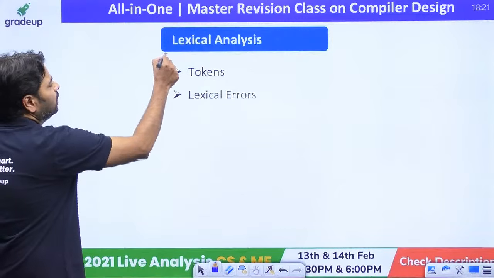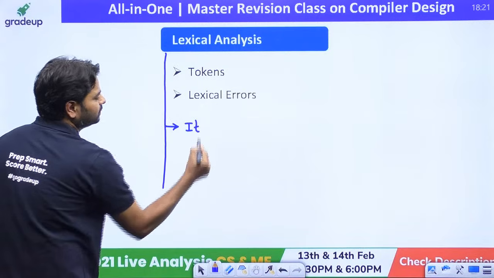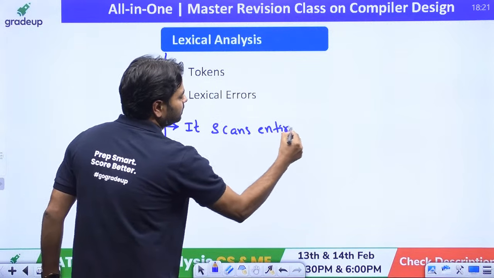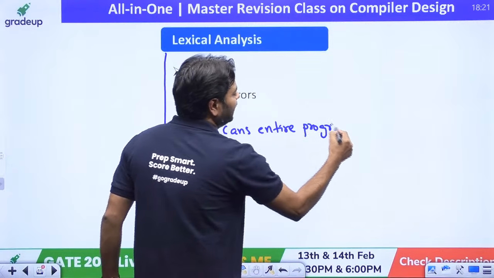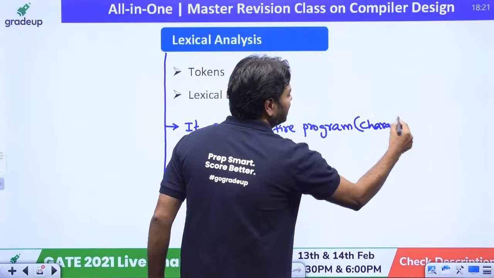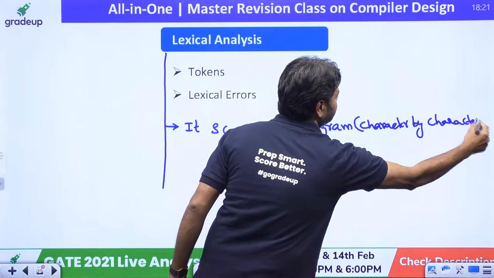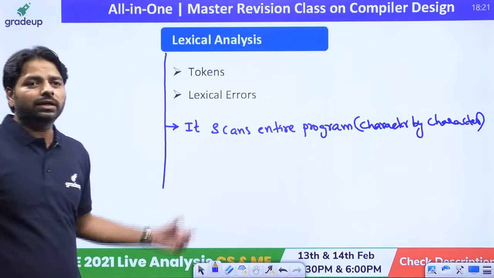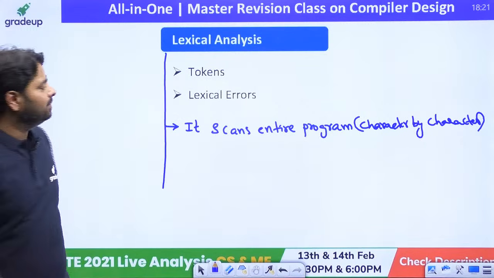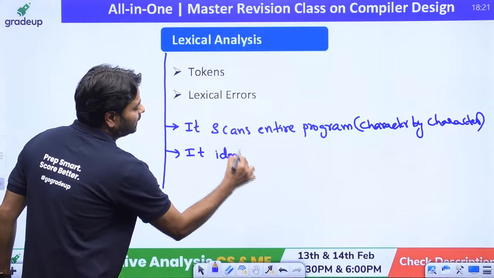Okay, so what do you know about lexical analysis? It scans the entire program without leaving any character, character by character. This is the first point. And this is going to take much time because all the phases of the compiler are going to follow lexical analysis, and it is going to identify so many things.